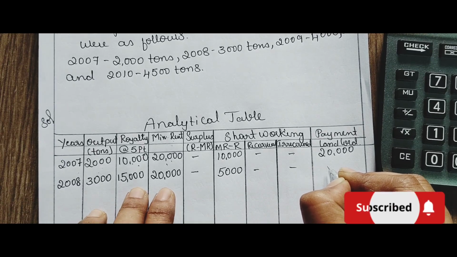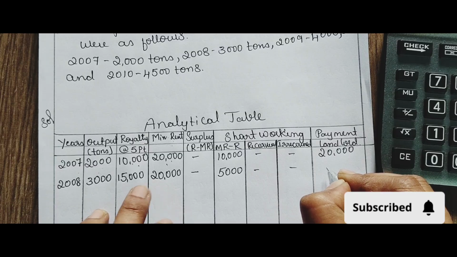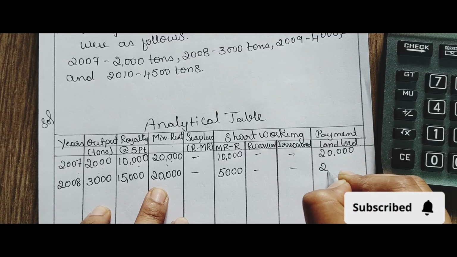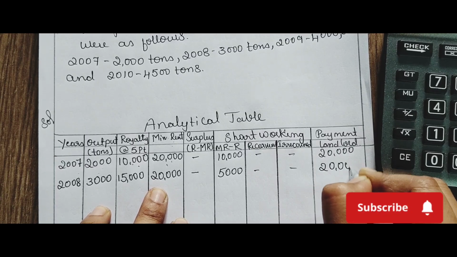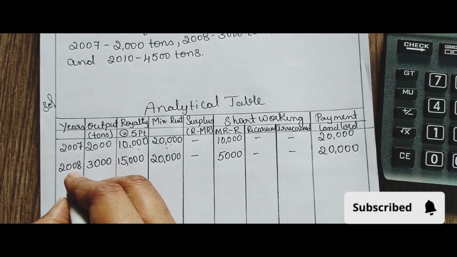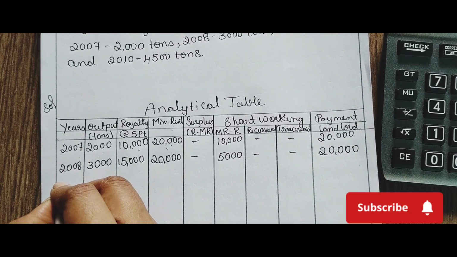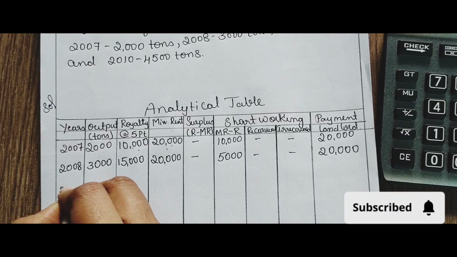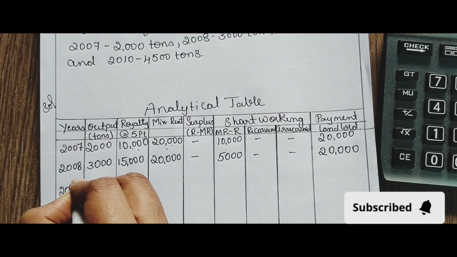Which one are you paying to the landlord, royalty or minimum rent? You are paying the minimum rent to the landlord, 20,000. Then next, 2009.